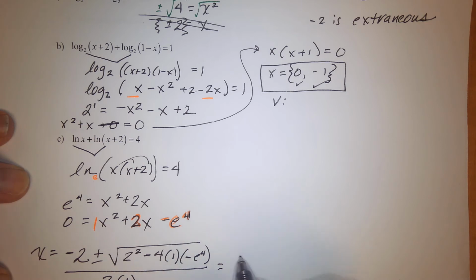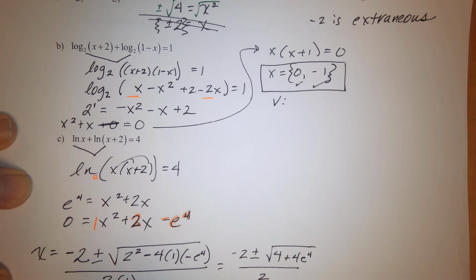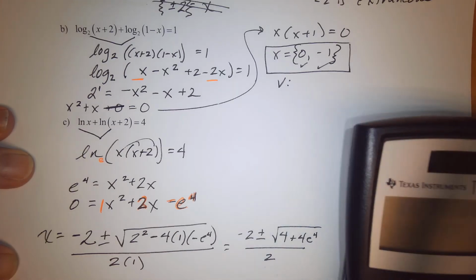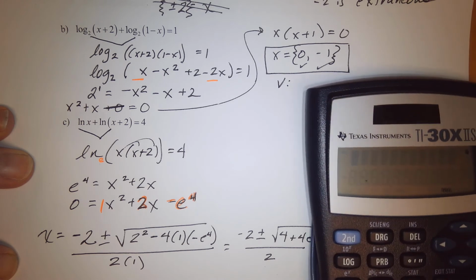So when I simplify this, I get -2 plus or minus the square root of 4 plus 4e to the 4th, over 2. And when I put this into my calculator, everything underneath this radical, I'm going to do in my calculator here.